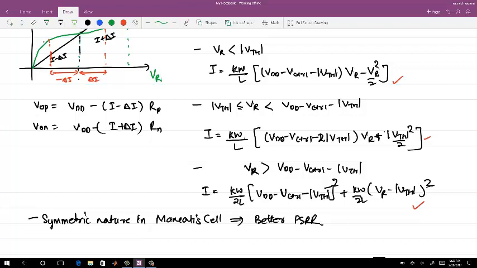I do not see, if you see this, at the center point, it's not like there's a jump in the value. It's all continuous.